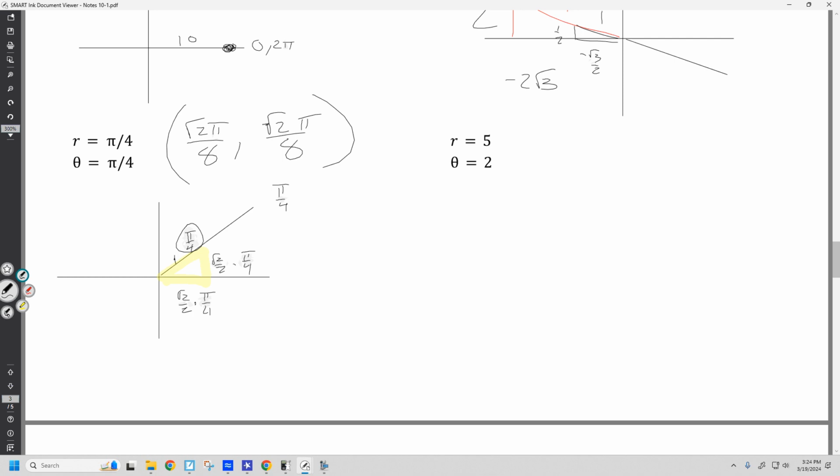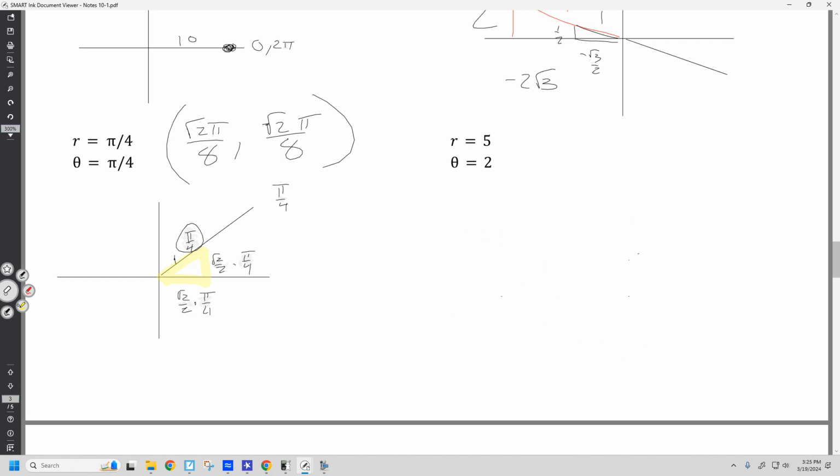Now, many of you are like, I have no idea. This is not a triangle that I'm familiar with. You're correct. You do not know the triangle that is created with an angle measurement of 2, whose radius is 5. But maybe don't think of it this way.